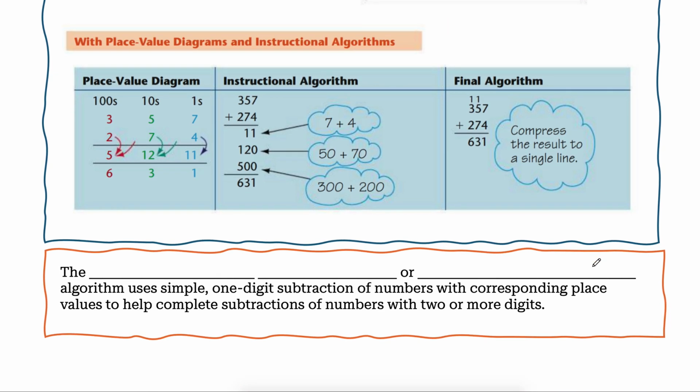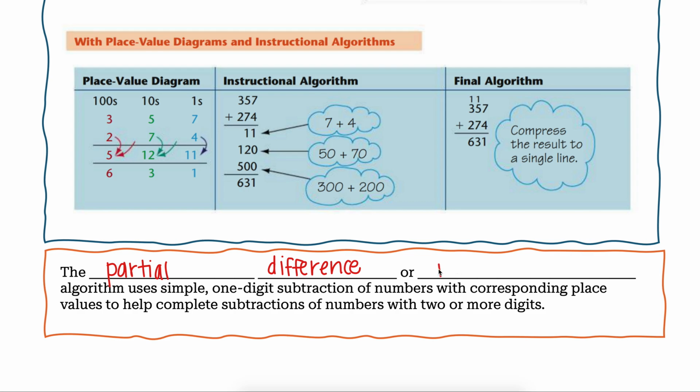I want to give you one more, and I believe this is my last definition for this section, but one more definition here. We talk about, for subtraction, a partial difference or instructional algorithm. When we're subtracting, just like when we're adding, we deal with one digit at a time.